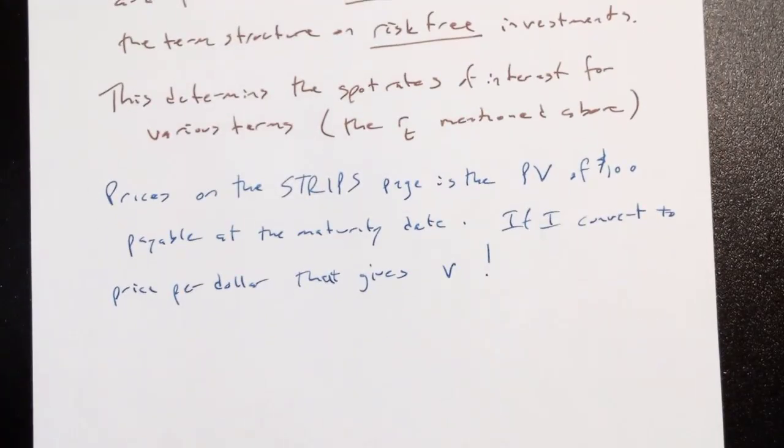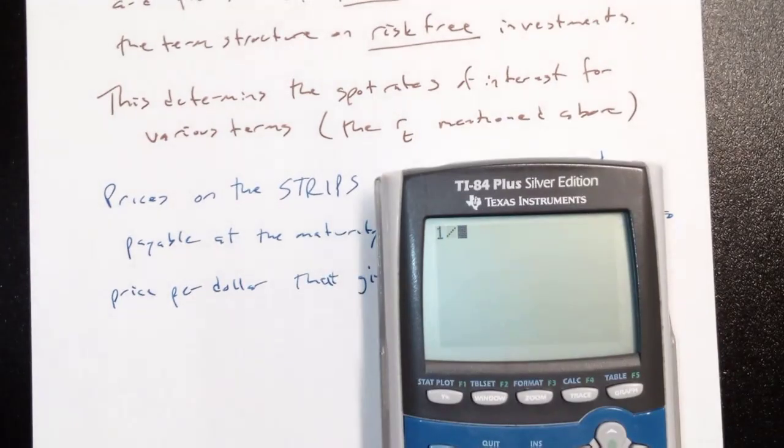If my price was $98 for a term of, I don't know, 2 years, then I could use 0.98 as my value for V. That's 1 over 1 plus R. So I take 1 over 0.98. And I get an interest rate of 2.04%.